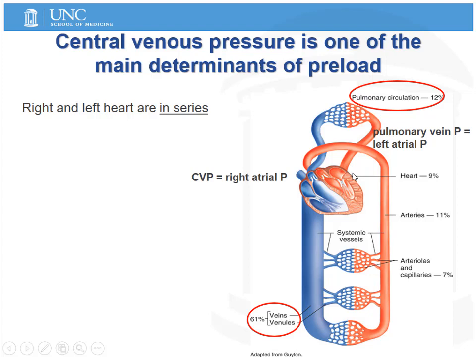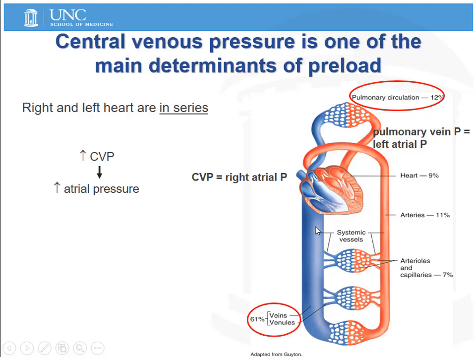So any increase in pressure in the pulmonary vein will also lead to an increase in the driving force for blood to fill the left ventricle. That means that any increase in preload of the right heart also leads to an increase in preload of the left heart. So if there's an increase in central venous pressure, that leads to an increase in atrial pressure in both the right and left atrium.